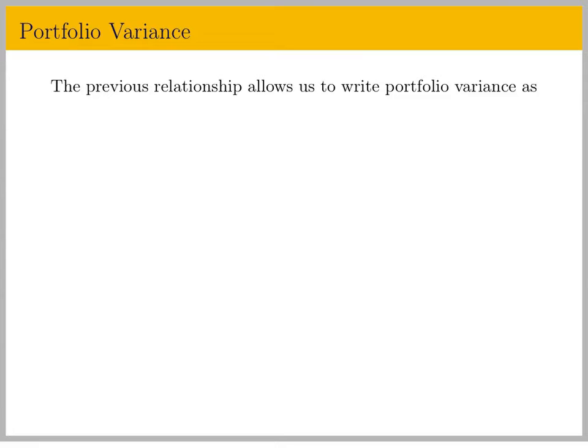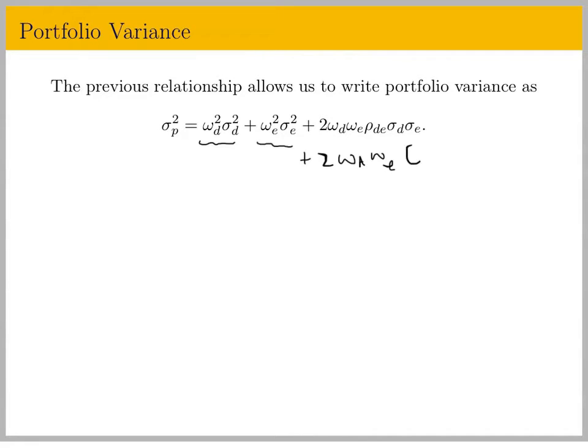Now the previous relationship for the portfolio variance that we wrote allows us to rewrite it as this. Remember, before we wrote that it was equal to this plus this, and then we had 2 times omega d, omega e, and then cov of r d with r e.